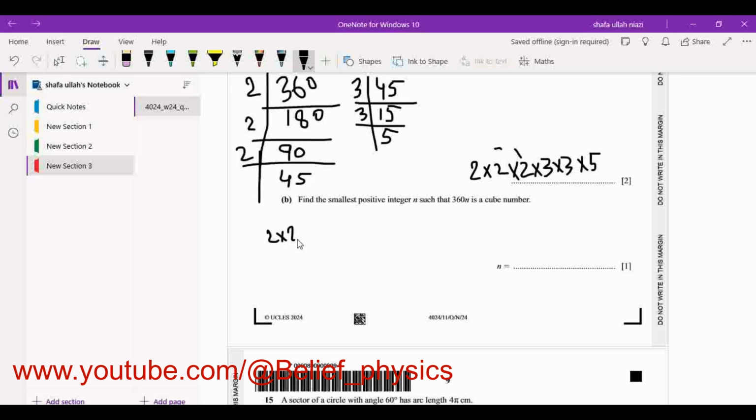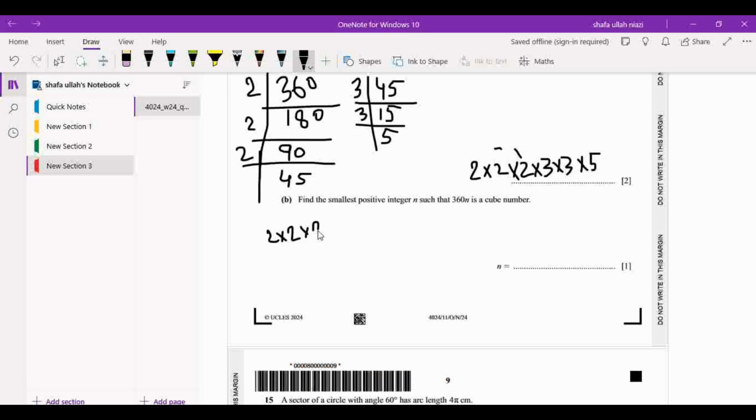So to make it a cube, this should be 2 multiplied by 2 multiplied by 2 multiplied by 3 multiplied by 3, then multiplied by 3, and then multiplied by 5, then multiplied by 5, then multiplied by 5. Now it is a cube number, so this should be equal to 360n.